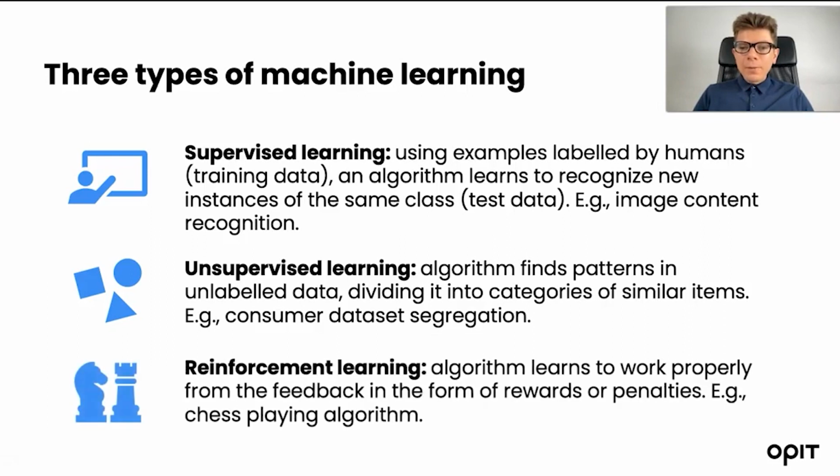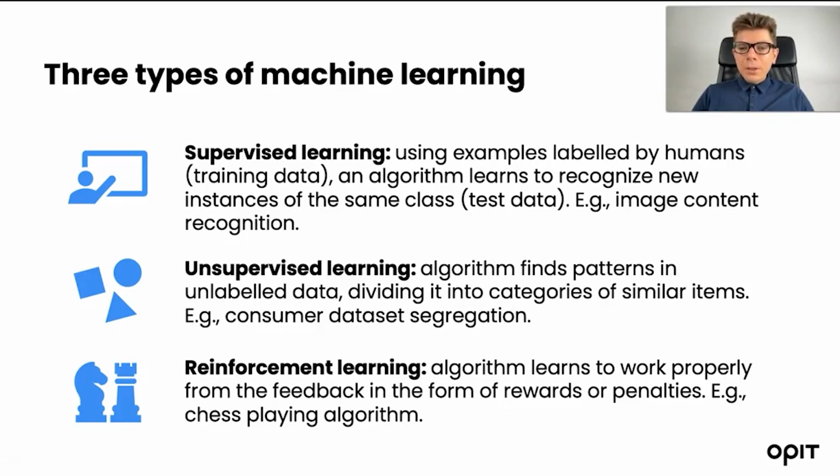And then we have reinforcement learning. Reinforcement learning is about algorithms learning to work properly from the feedback in the form of rewards or penalties they receive from the environment. So based on the action taken by the algorithm, it will either be rewarded or penalized. It means that based on that feedback, it will be able to optimize itself.